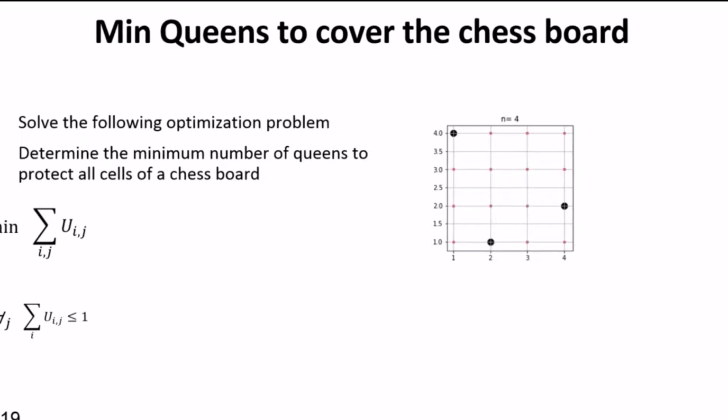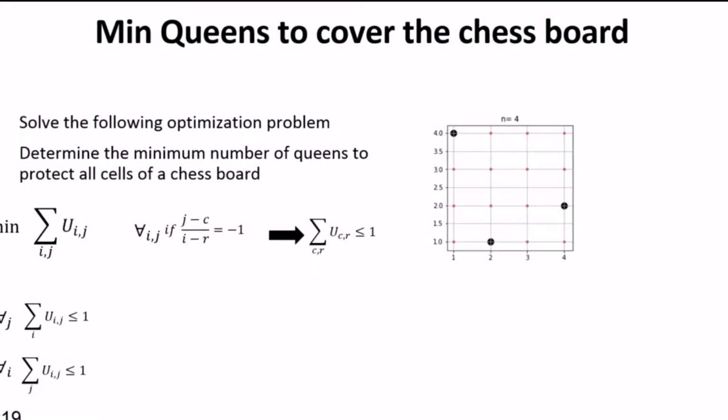And also for every given column like j, if we do the summation over the rows, then there will be not more than 1 queen on each column, and also not more than 1 queen on each row, on each anti-diagonal, and on each diagonal. Okay, so these 4 conditions are designed for queens not to attack each other.